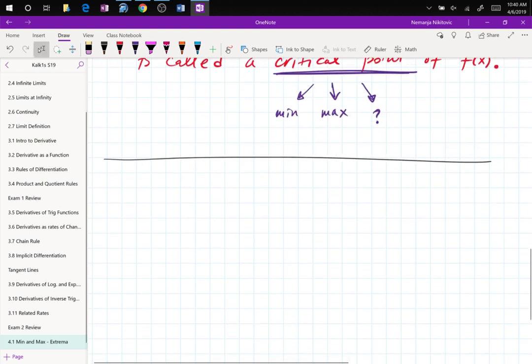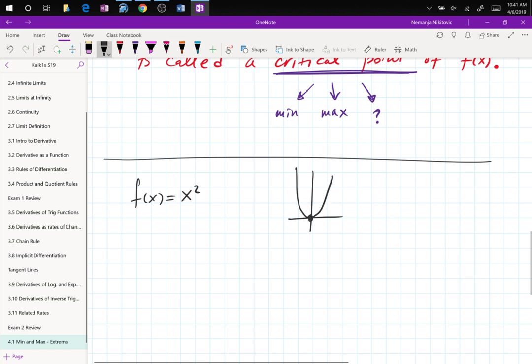So now let's take a look at this in practice with a function problem that we are familiar with, where we actually don't need to use calculus to know the answer. What do we know about the function f of x equals x squared? It has a global min, right? You know what the graph looks like.